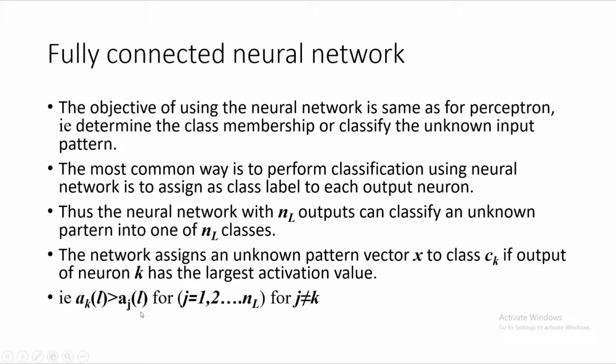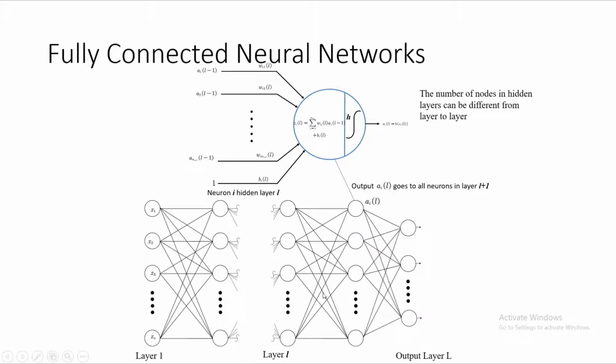Like we can see, if the value of this neuron is higher than others, then this input vector will be assigned the class of this particular output.